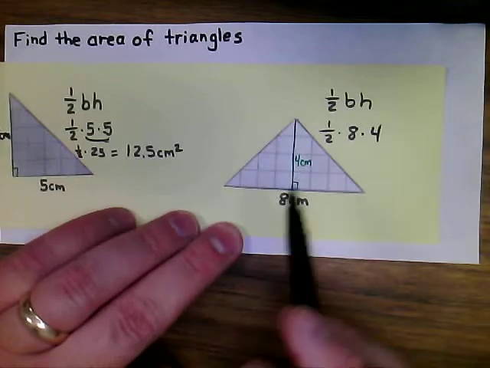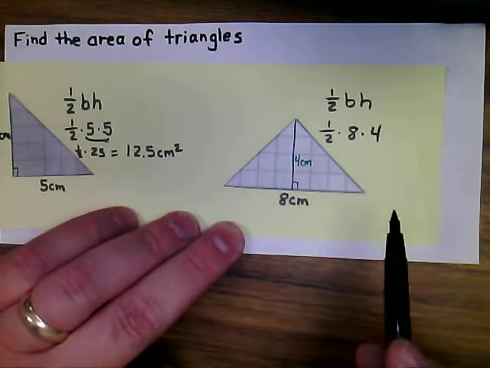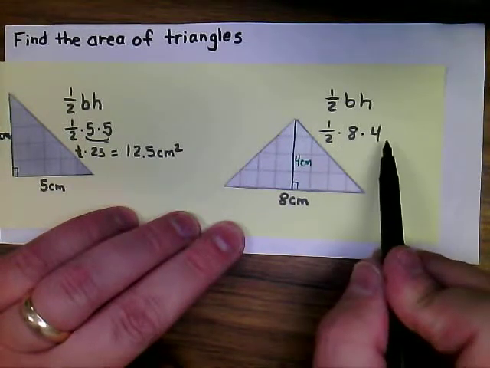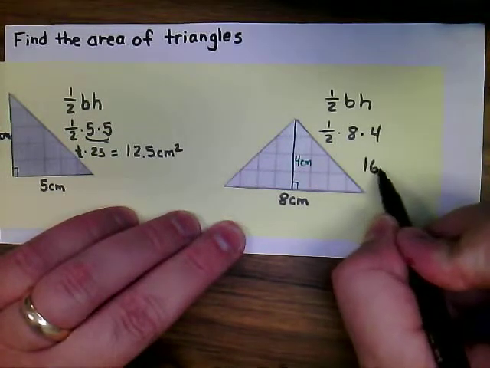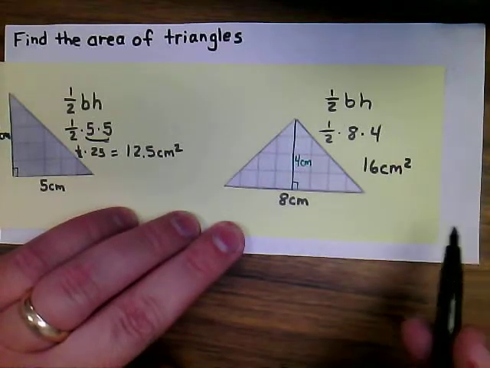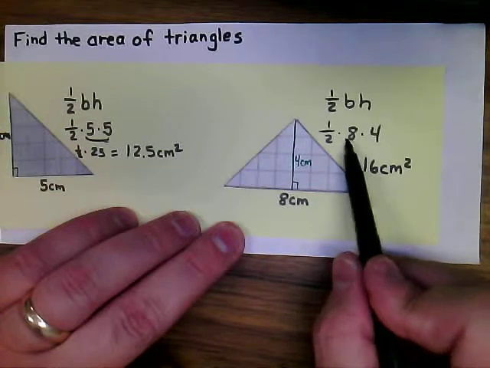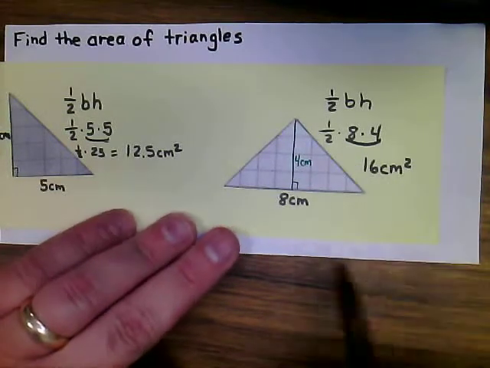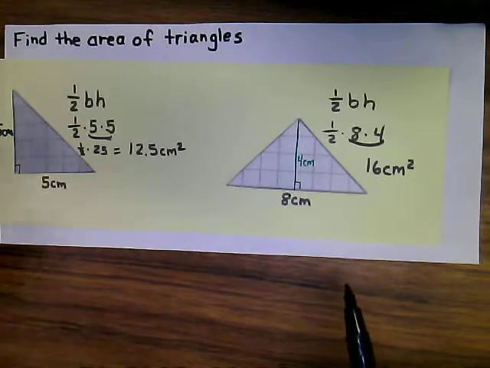Now in this case, you may want to just go left to right like you normally would using the order of operations, because we all know half of 8 is 4, and then 4 times 4 is 16. And 16 centimeters squared is the area. I would like to point out if instead you chose to do 8 times 4 is 32 and did half of 32, you'd still get the answer of 16 centimeters squared.